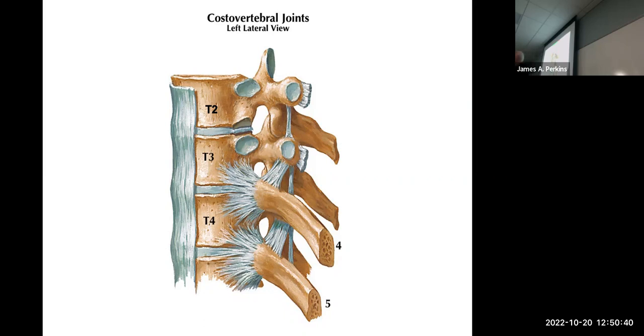So way back at the beginning of the class, when I told you that the thing that distinguishes the thoracic vertebrae is that they're the only vertebrae that have facets for ribs, I lied a little. C7 has a small facet for articulation with the head of the first rib.